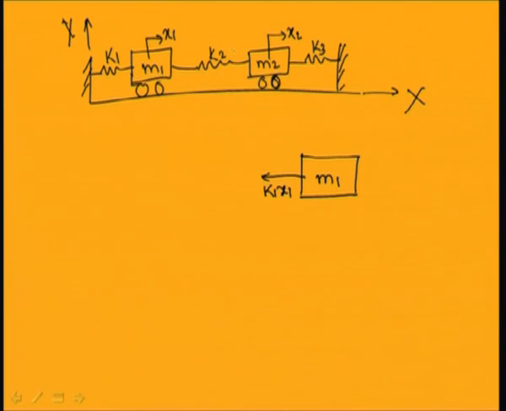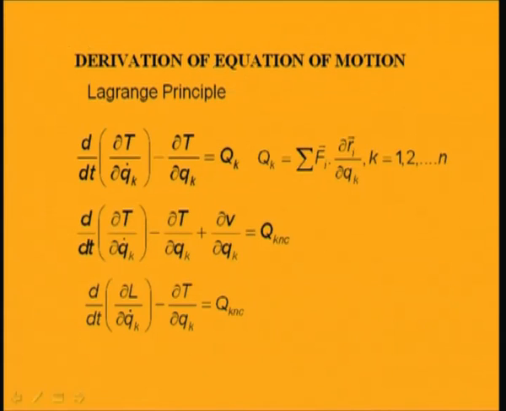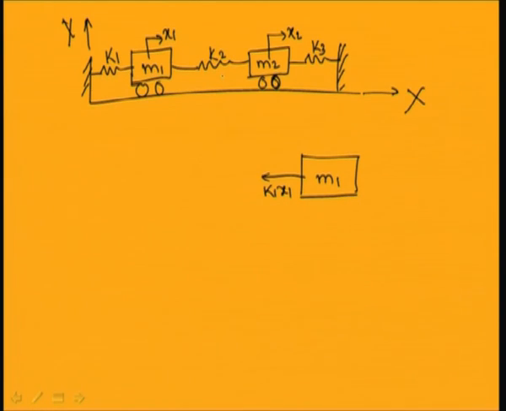Due to the motion of mass m1, it will be compressed by an amount x1, and due to the motion x2, the net motion of the spring is x1 minus x2. So, the force acting on this mass will be K2 into x1 minus x2.